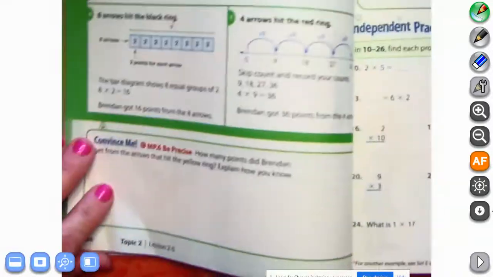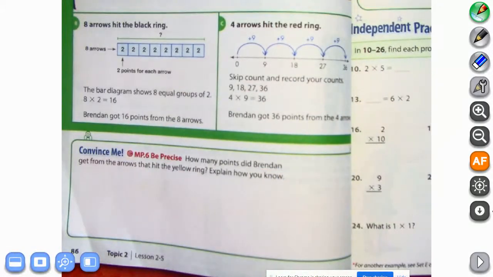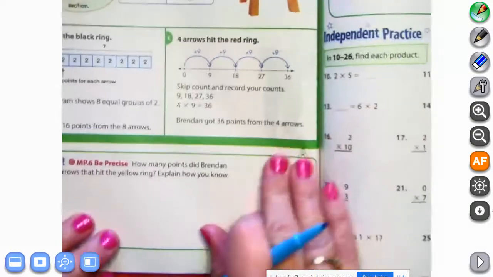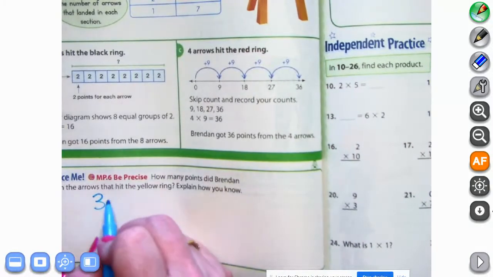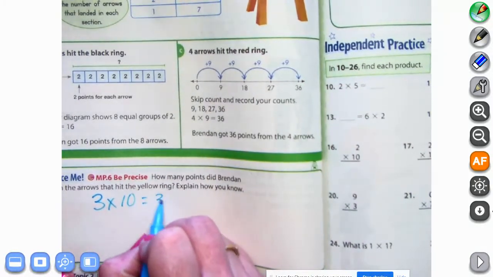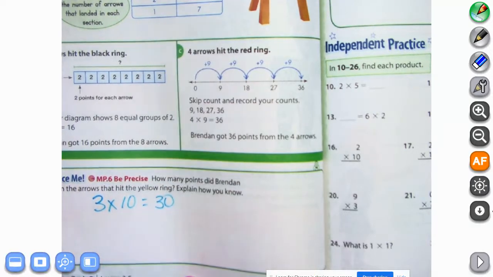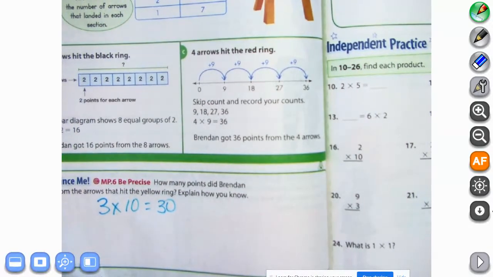So let's look down here. How many points did Brendan get from the arrows that hit the yellow ring? Explain how you know. So the yellow ring is worth 10, and it says that section 10 had 3 arrows. So 3 groups of 10 equals 30. How do we know that?